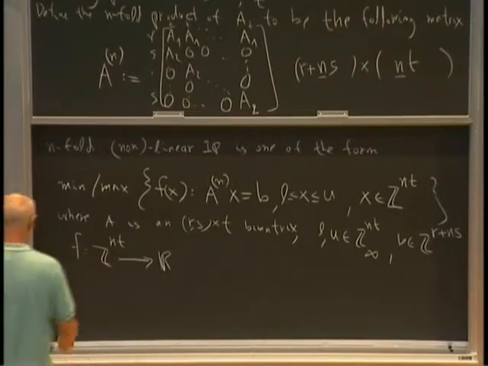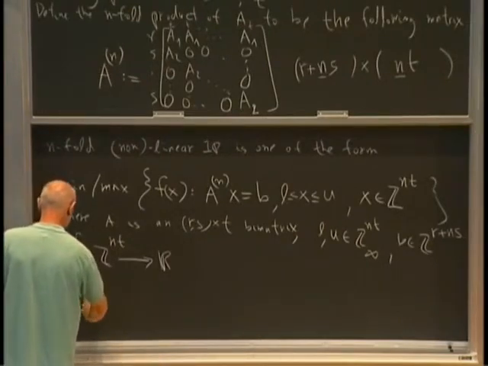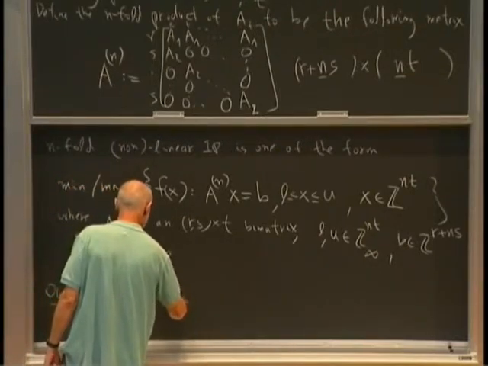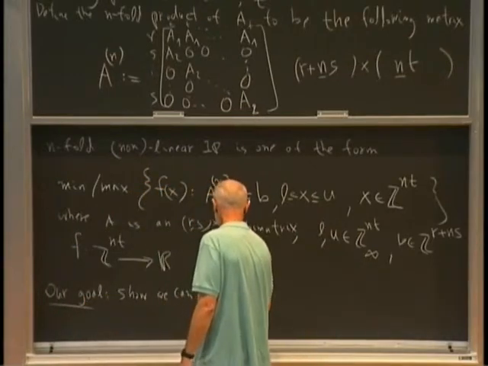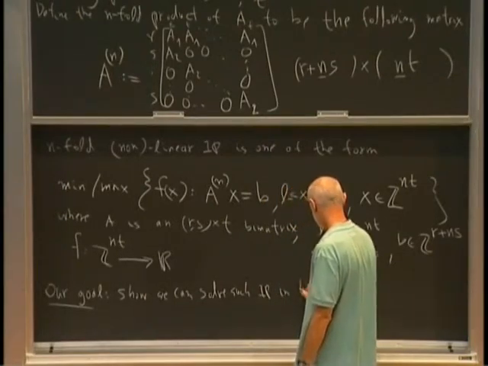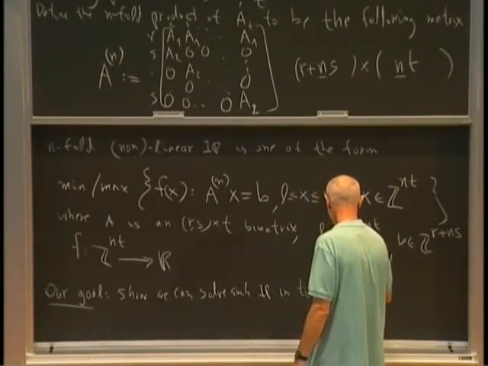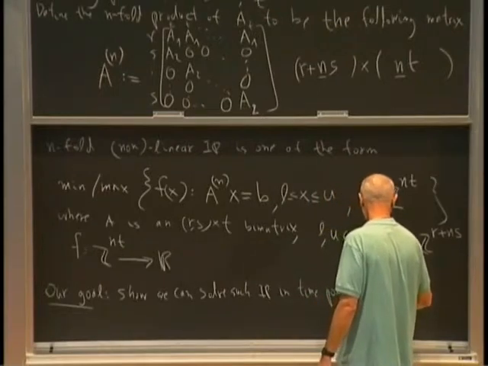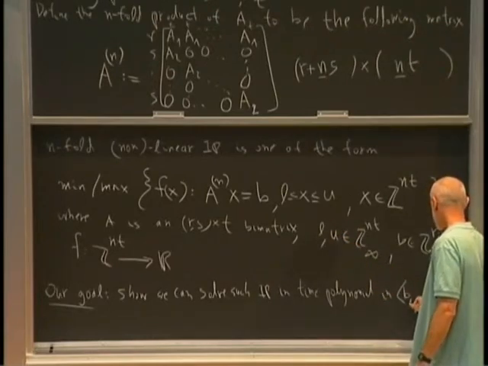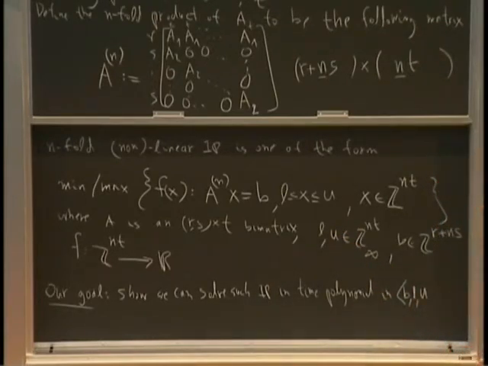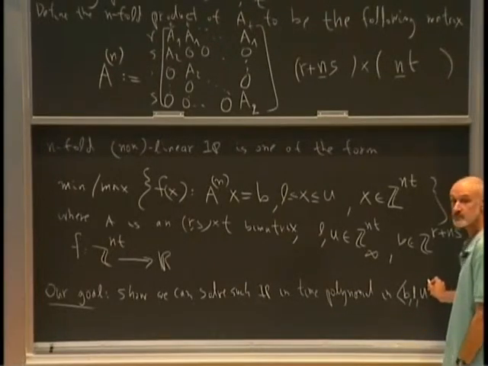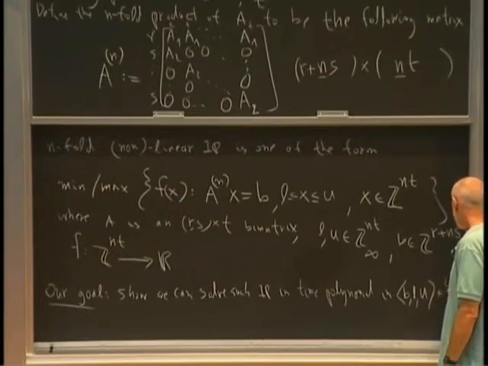So our goal is to show I can solve such an IP in polynomial time, time which is polynomial in the binary size of the data here, which is b, l, u, plus some information on f.